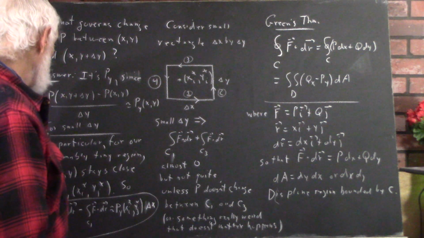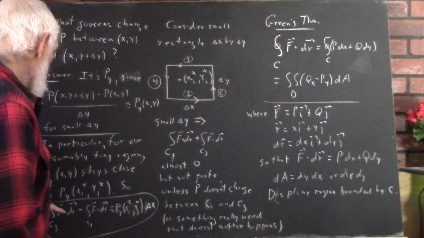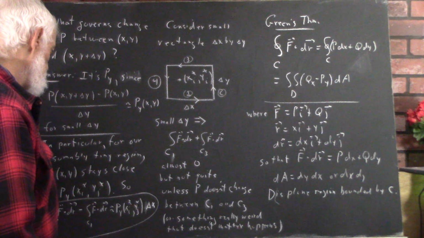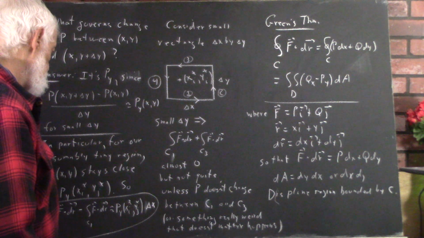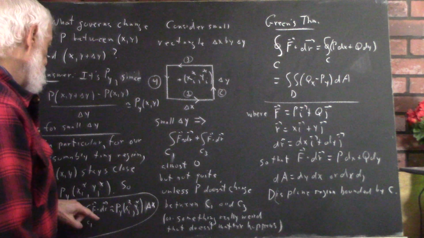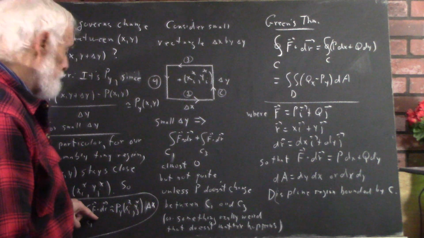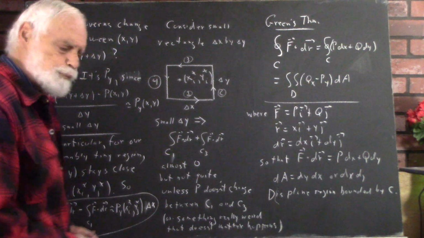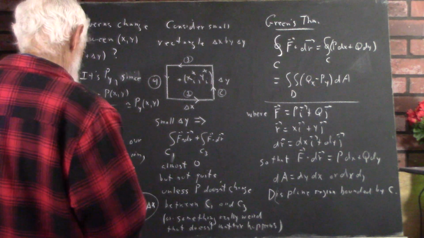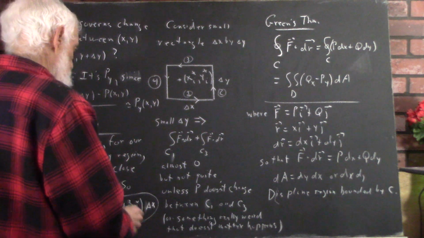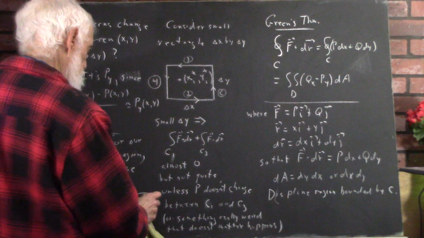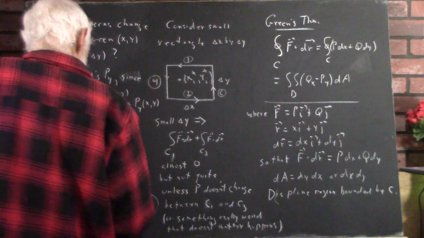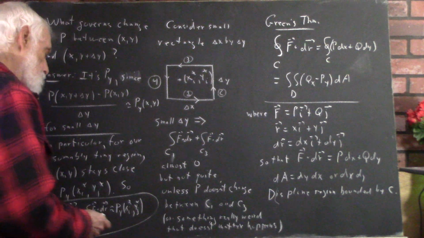Why is this? It's because the values of P along this curve minus the values along this curve. I left something out that was bothering me. We need an area here. So in explaining why this is true, I realize we need the area.